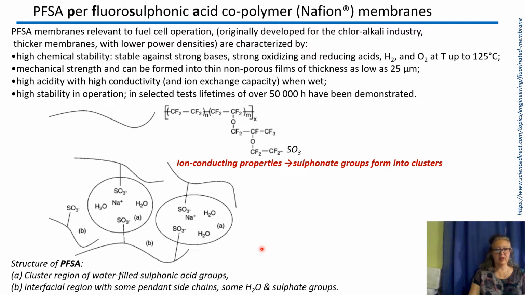When the membranes become hydrated, the protons become highly mobile in the hydrophilic region formed by the sulfonic acid clustering. These clusters effectively form channels through which hydrogen cations can move quite freely under a potential gradient.